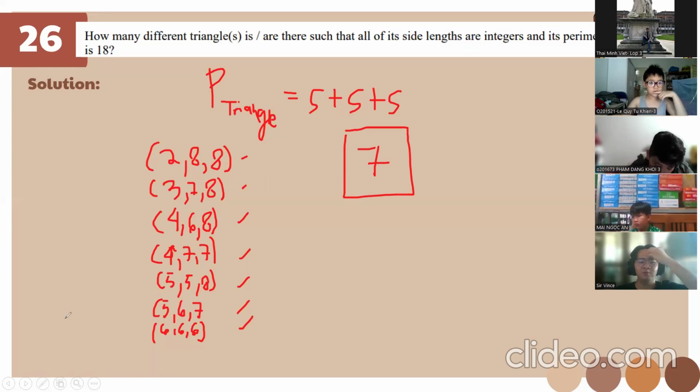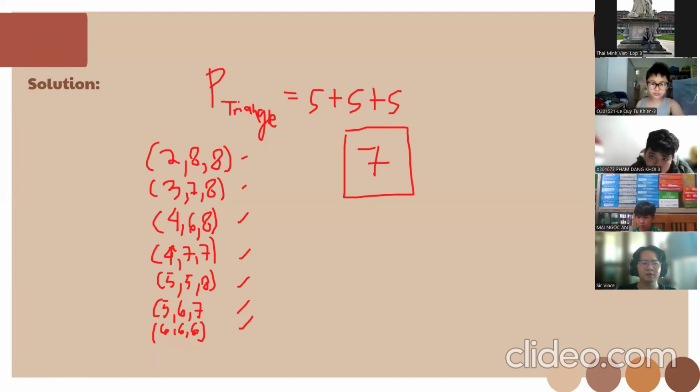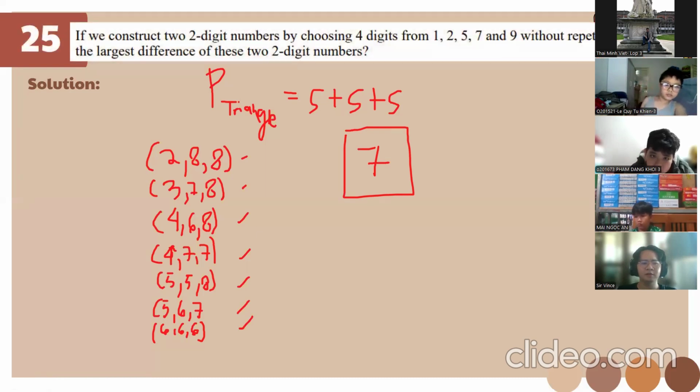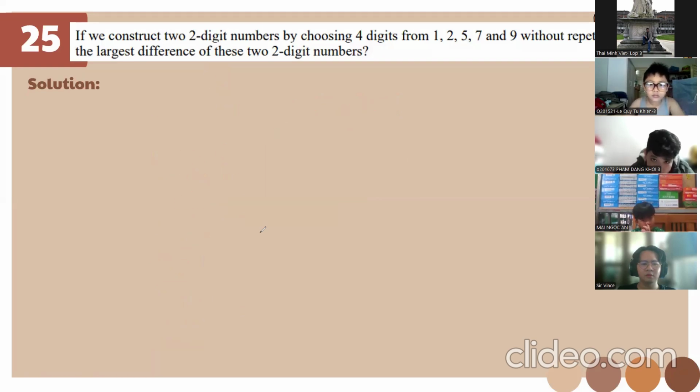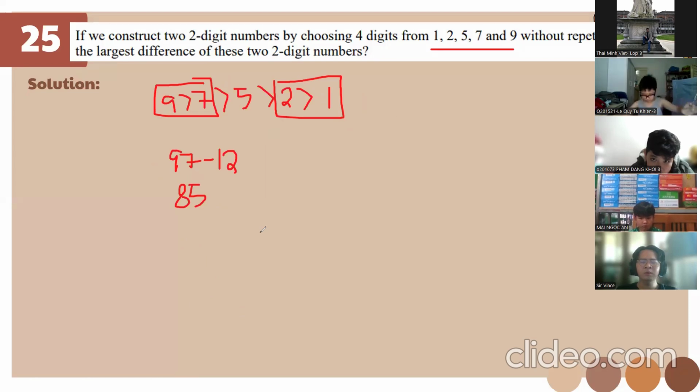Can you copy this before I go back to number 25? This one, this is the solution here.